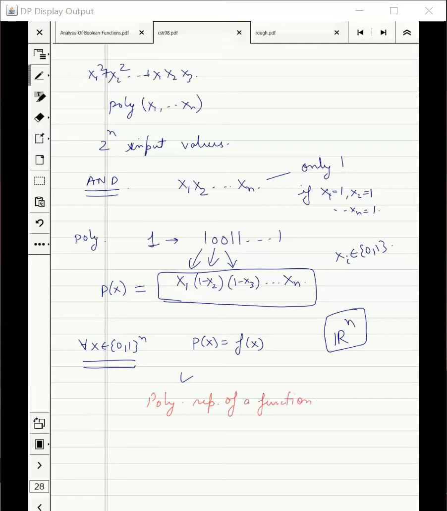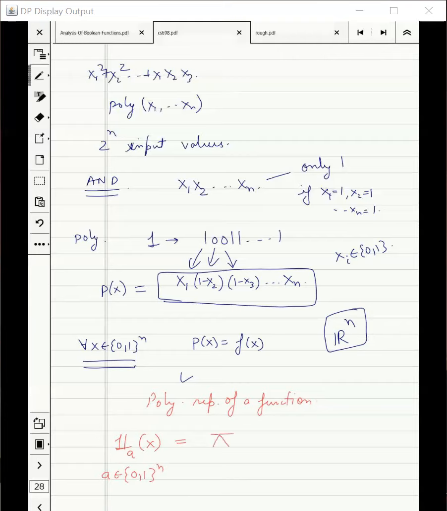Right? This way, I can always write the indicator polynomial of any a, where a is some string from {0, 1} to the power n. And what is this polynomial?